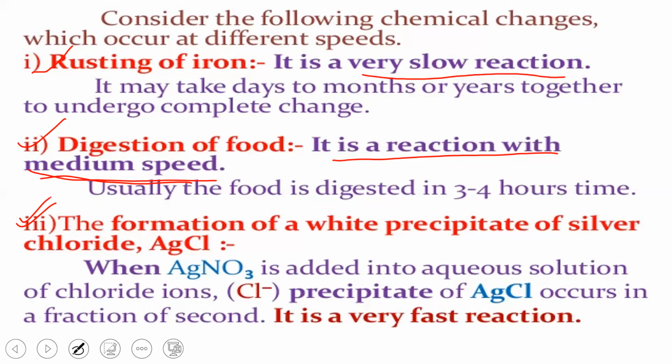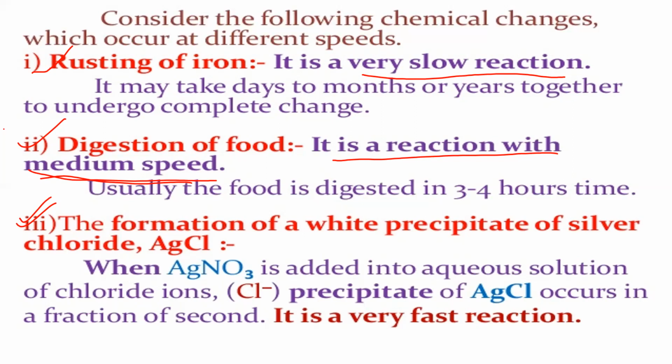When you add silver nitrate to hydrogen chloride, or a solution containing chloride ions, it automatically gives a white precipitate, known as silver chloride, within a fraction of a second.